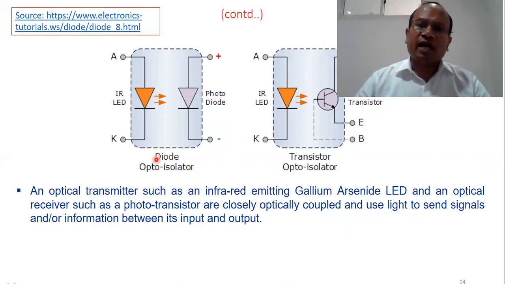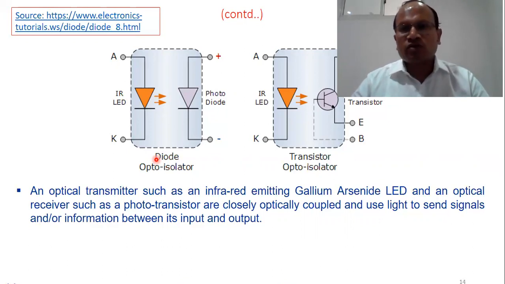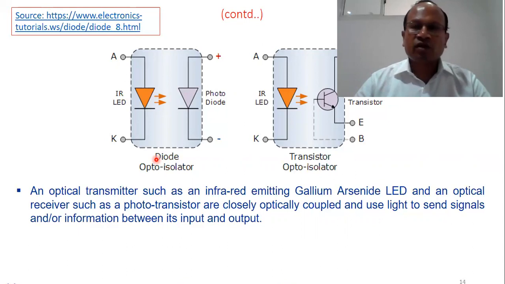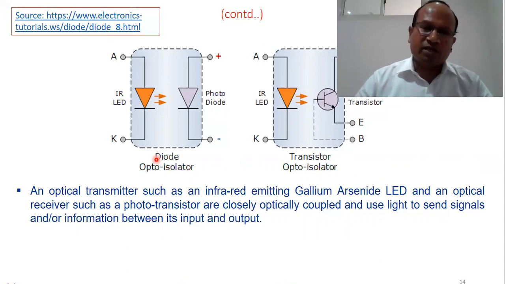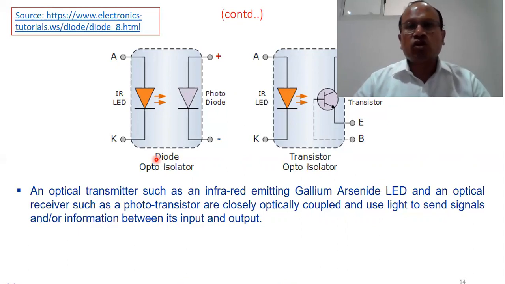And the characteristic is similar to the ordinary diode. In an ordinary diode also, when we increase the forward voltage and it crosses the junction potential, current flows. In the LED also, when we overcome the forward voltage, current flows, and when current flows, light is emitted. LED is used in numerous applications.